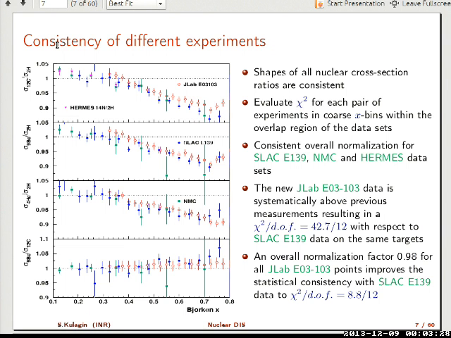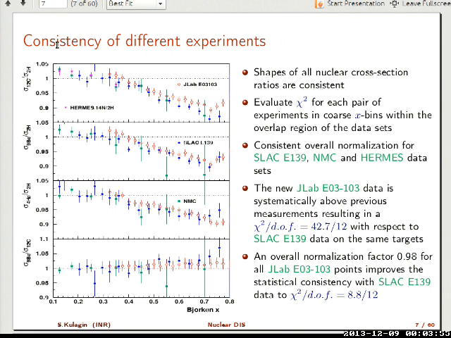What one can conclude by looking at the data is that there is some small, about 2%, difference; you see it statistically by rebinning the data to larger bins, and the normalization is somewhat different.